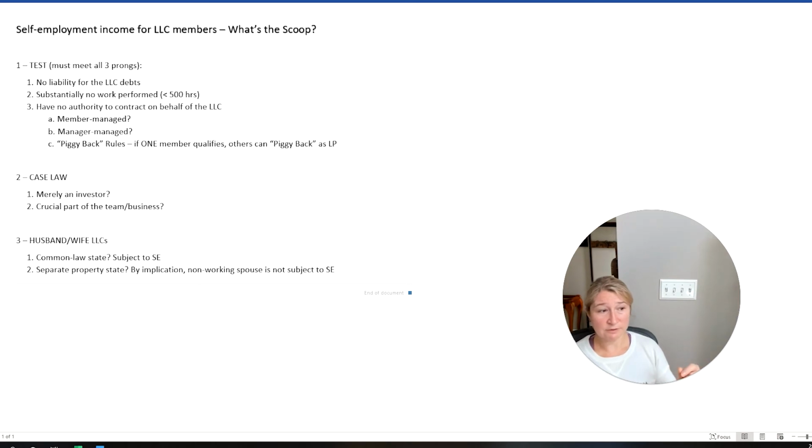So we have spouses, for example, who formed this LLC, they're both members, they're member managed, so they both can sign contracts, but we have one partner that's the expert. They run the company. The other partner probably has a W-2 job or another business, they do something else. But they're 50% owner, or whatever percentage they agreed on. They're still an owner and a member of the LLC. They can sign contracts, even though the other partner takes care of it.